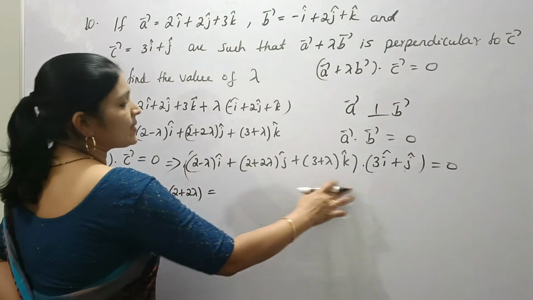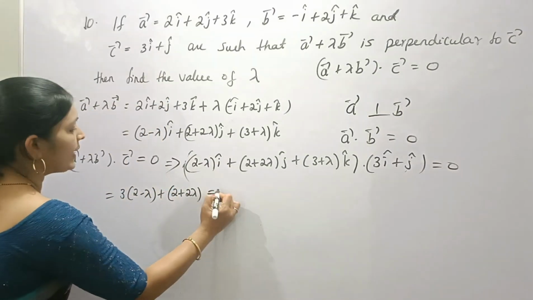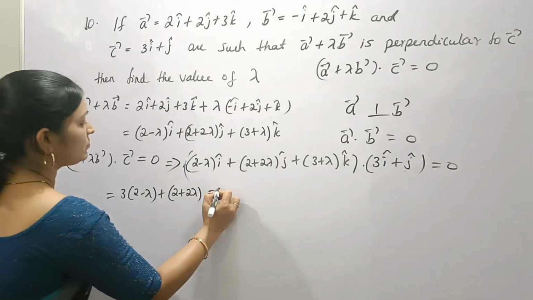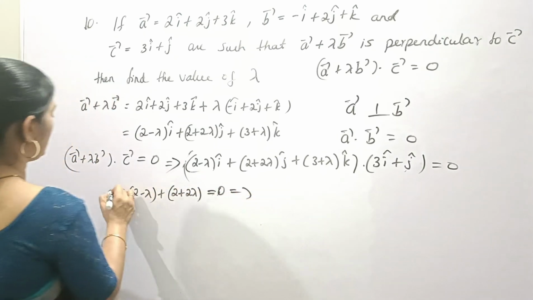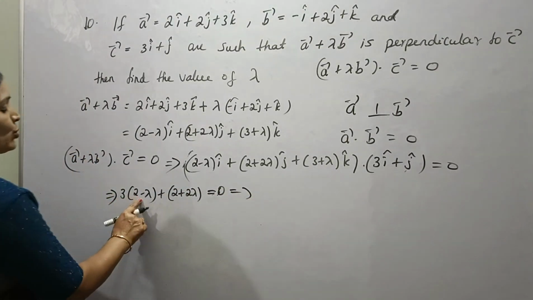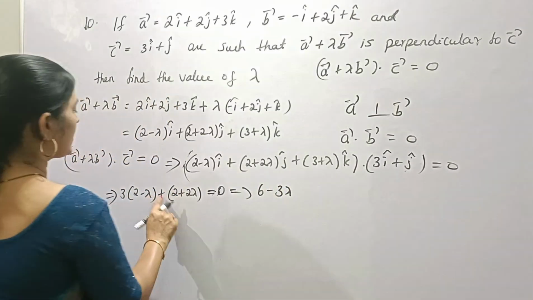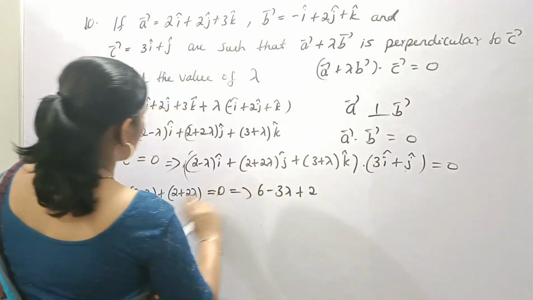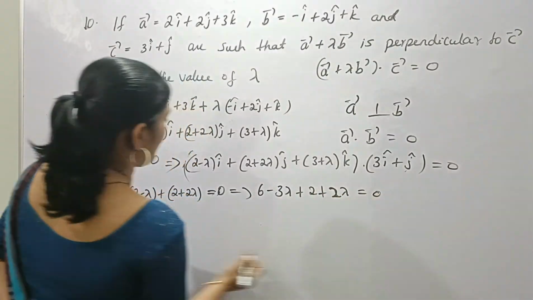So here this is equal to 0. Let's simplify this one. 3 into 2 is 6, minus 3 lambda, plus 2 plus 2 lambda is equal to 0.